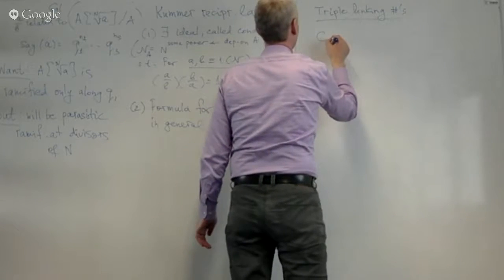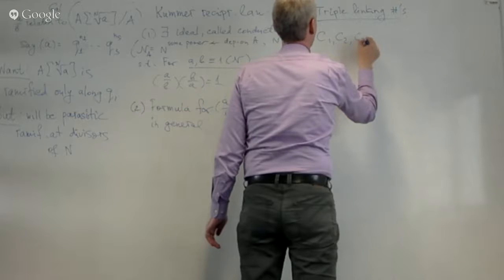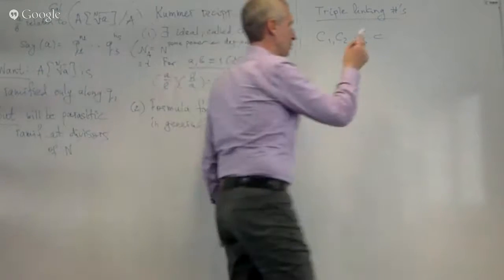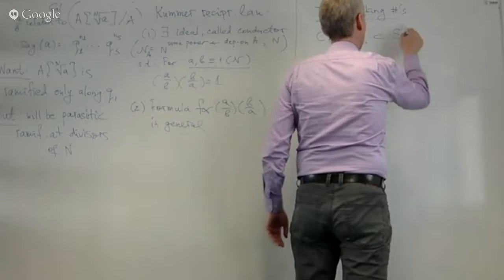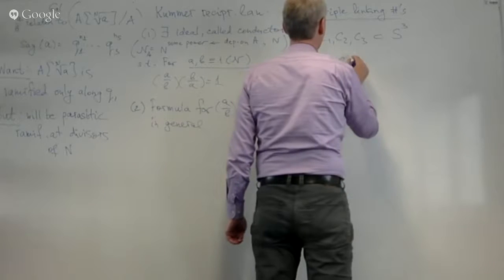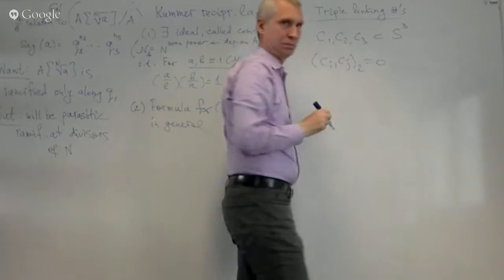Suppose C1, C2, C3 are inside a sphere, and the pairwise linking numbers (Ci, Cj) equal 0.